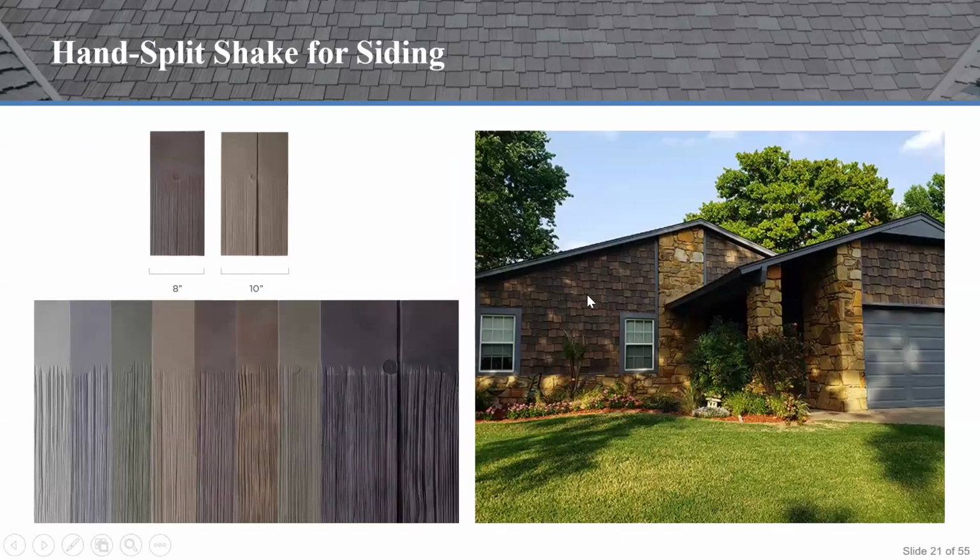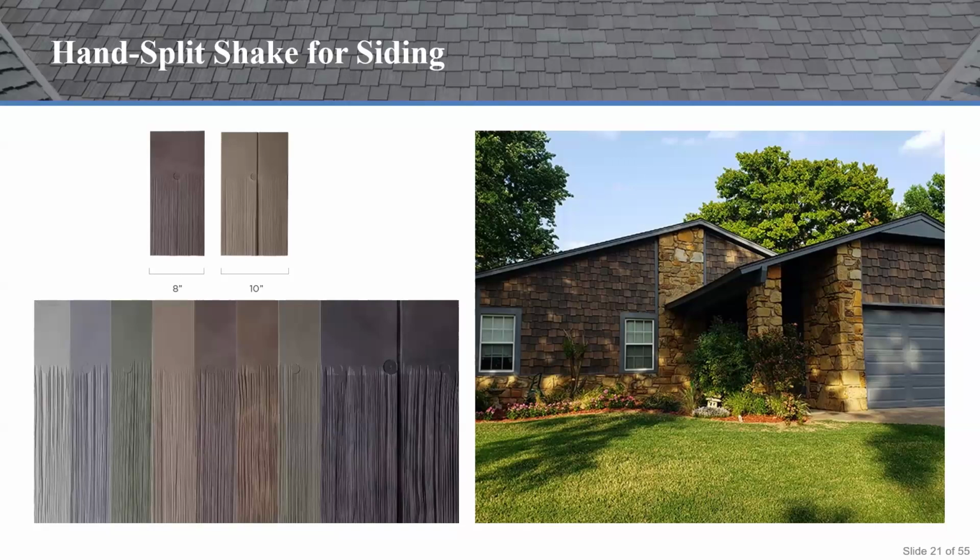Any of these products that we're talking about today, for the most part, composite roof, shake, and slate can be installed as siding. The most common areas I see it used frequently are going to be in dormers, gables, accent areas on the home. But I mean, absolutely, you can install these products on the entire facade of a home.